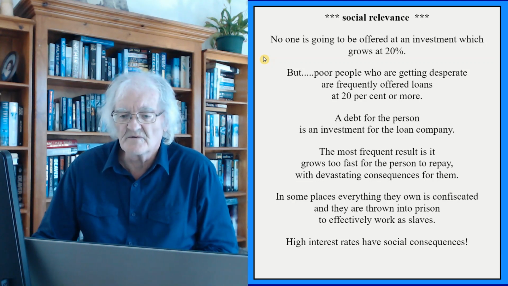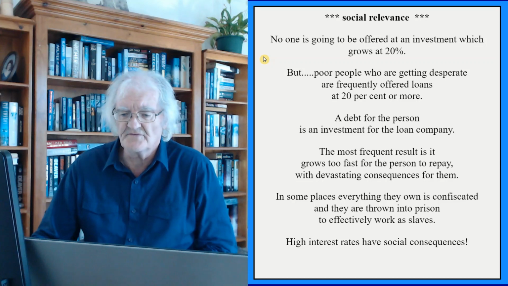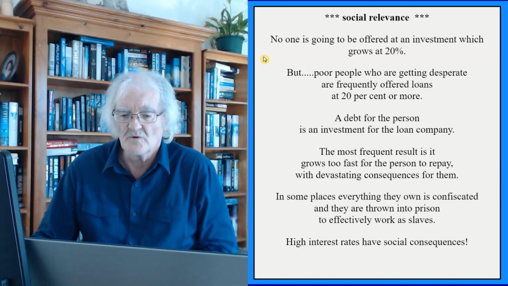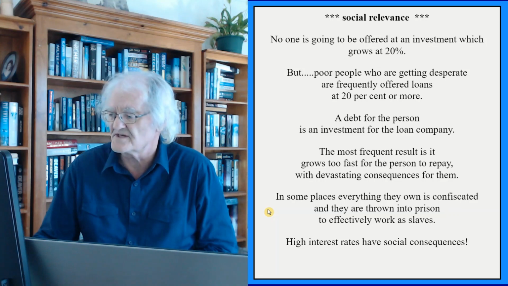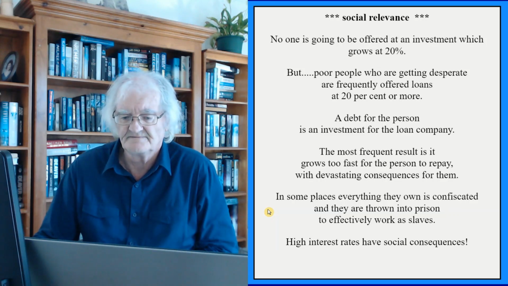The most frequent result is it grows too fast for the person to repay, with devastating consequences for them. In some places, everything they own is confiscated and they are thrown into prison to effectively work as slaves. High interest rates have social consequences.